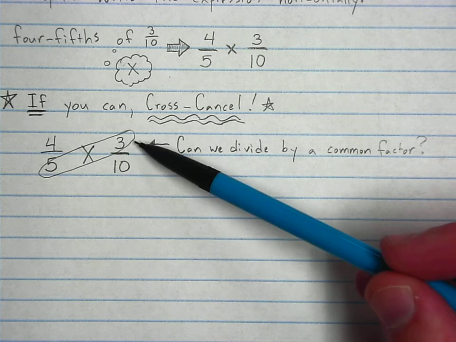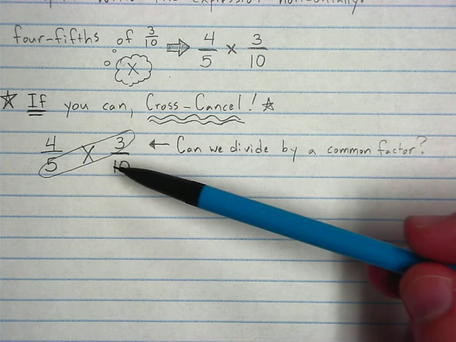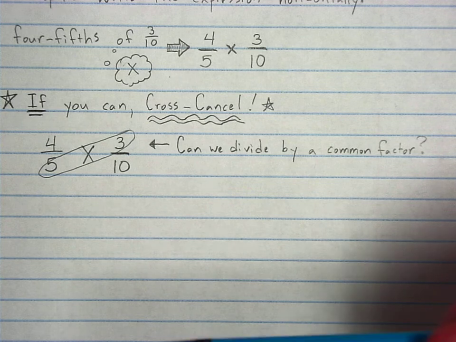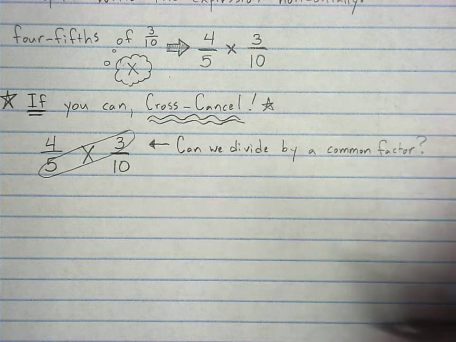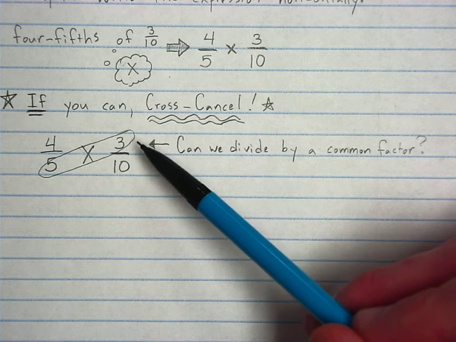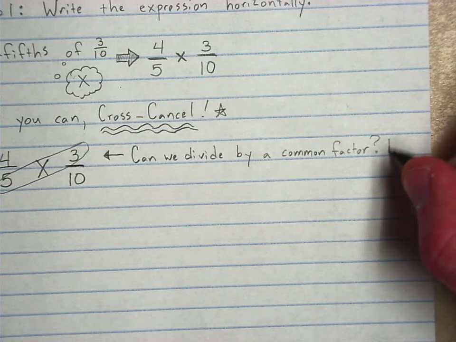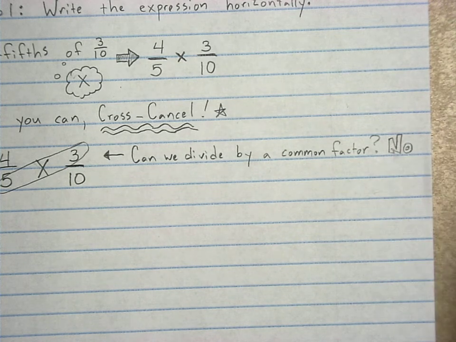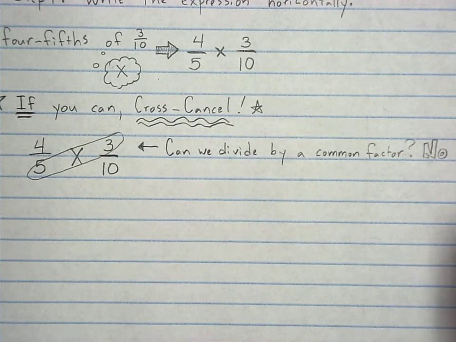Can I divide them both by 2? No. Can I divide them both by 3? No. Well, once I pass that, then we're done. I'm not going to be able to divide by anything bigger. So the answer here is no. We're not going to do anything else with them, and that's okay. Again, sometimes that's what happens.